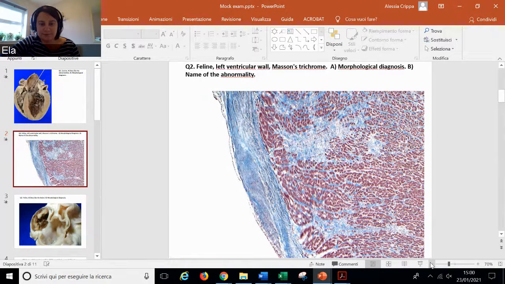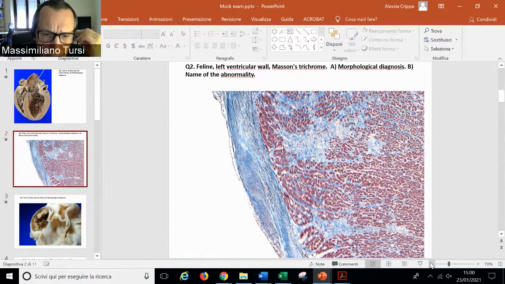If you look carefully in the myocardium, the replacement fibrosis is very clear, but just around some portion of the tissue there is interstitial fibrosis. So we may say also in general endomyocardial fibrosis. About the name of the abnormality.